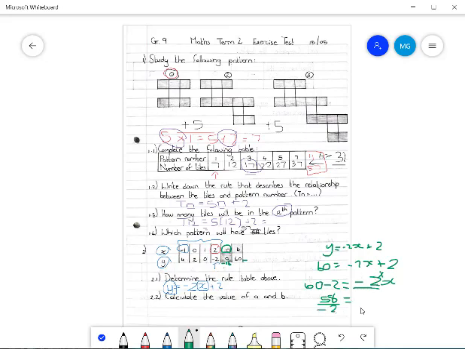It stays negative 2. You can only change the action. You cannot change the number. So if the action is multiplication, then that's the one that you can change. It becomes division. But you cannot change the number itself. If it's a negative 2 here, it stays a negative 2 on the other side.